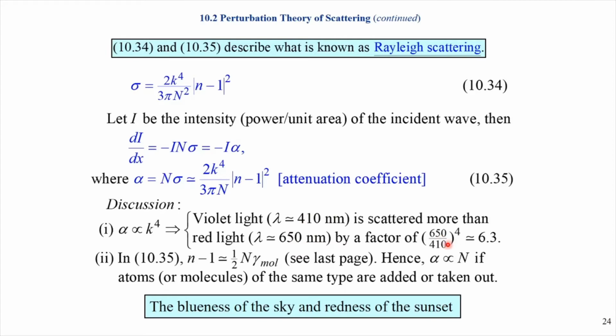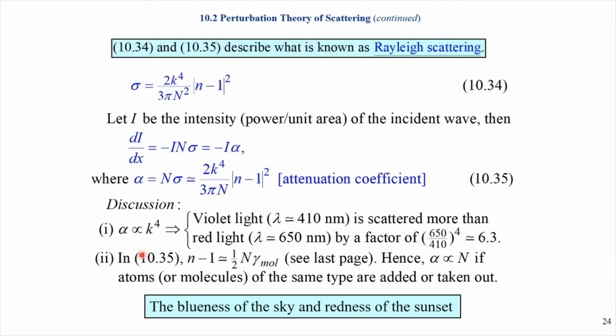So you know from these two equations, k to the fourth, that the violet line is scattered more than the red line, by a factor of 6.3. Okay, that's very important. That is, violet light is much easier to scatter under the same condition, because it is related to k to the fourth.